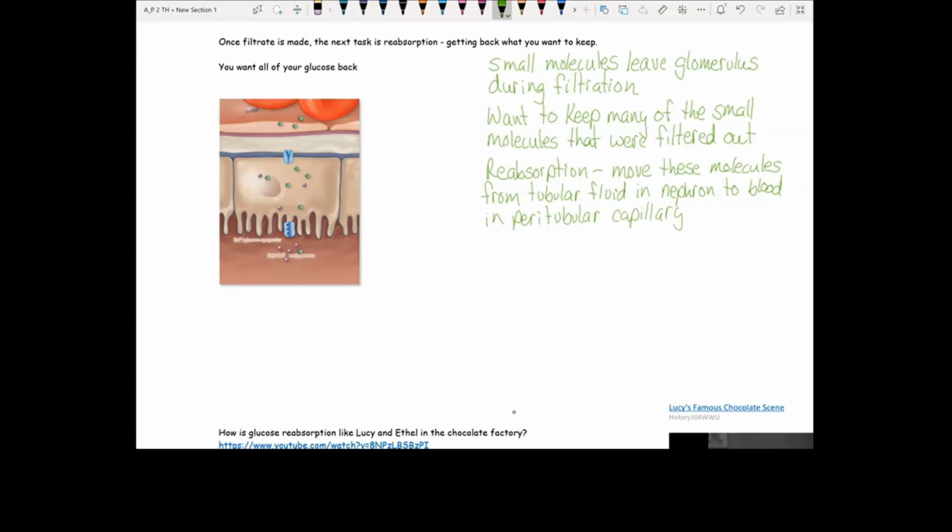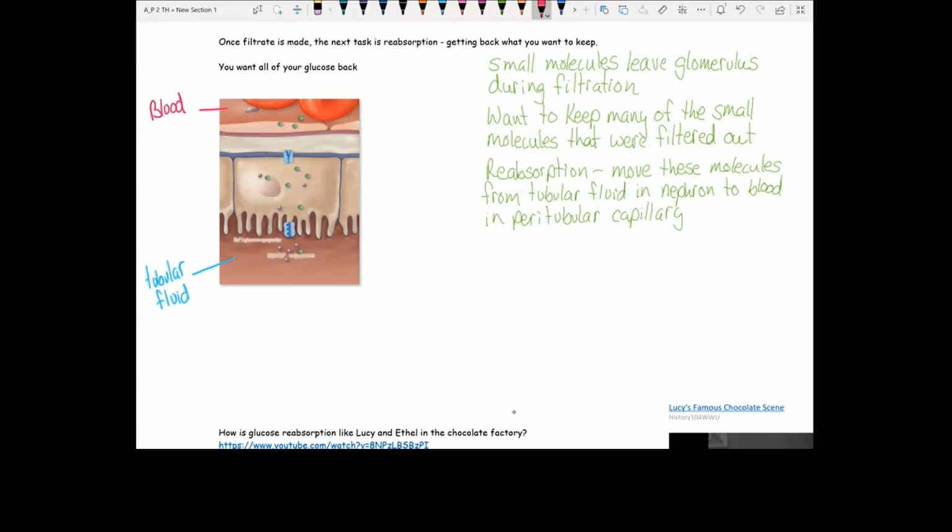So let's look at the picture and start labeling some things here. This area is the tubular fluid. Here is the blood.